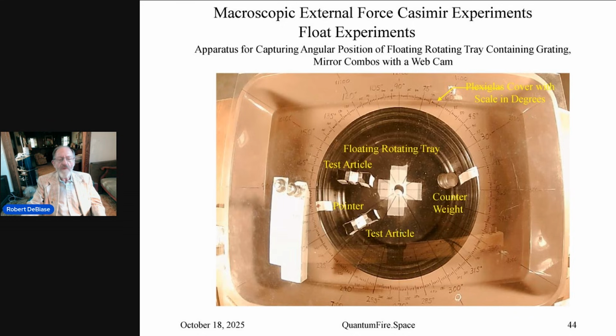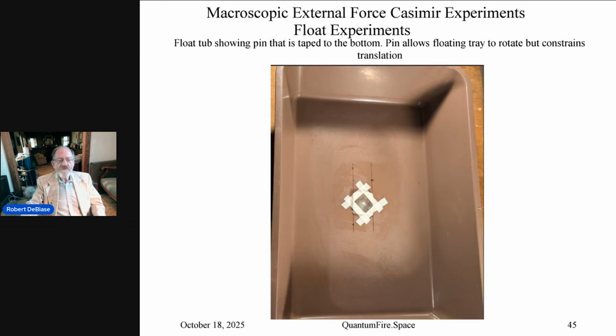This is looking from a webcam down, and there's this floating tray, and you can put test articles there and a counterweight. There's a baffle there to keep things from moving, and it can be released and allow it to move, and that's that.